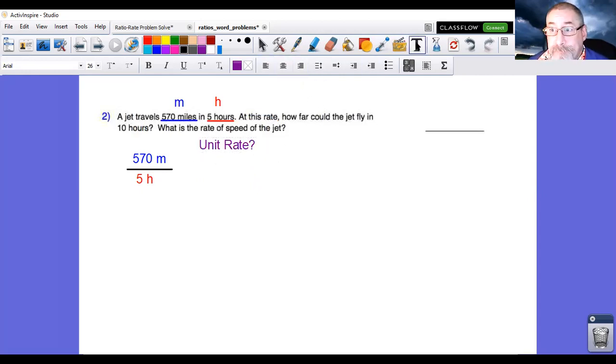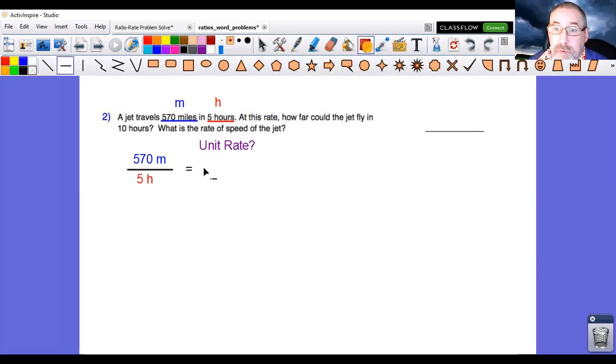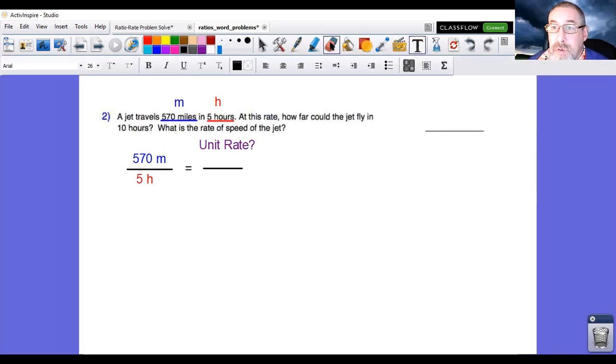So we're going to divide 570 by 5. And we will end up with, let me use my fancy calculator, 114 miles per hour is the speed that that jet is flying.